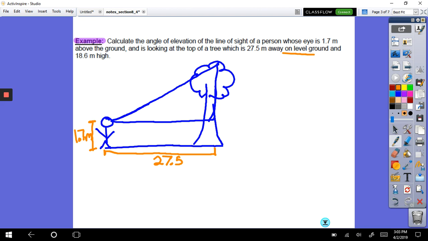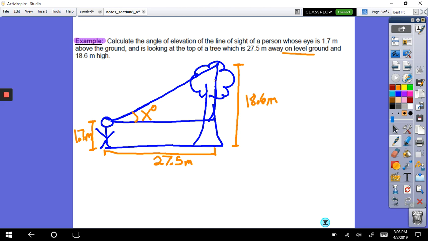And it is 18.6 meters high. So this distance is 18.6. Well, we're trying to find the angle. So this is one, we're trying to find this angle x degrees of the angle of elevation.